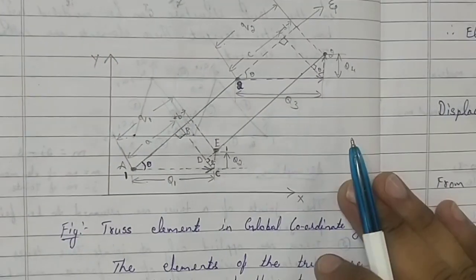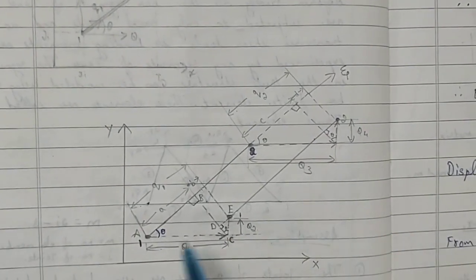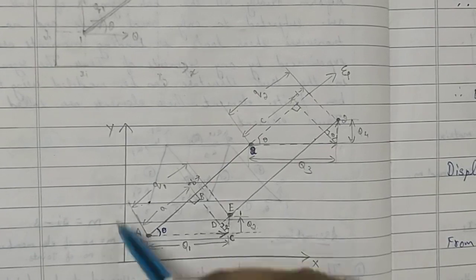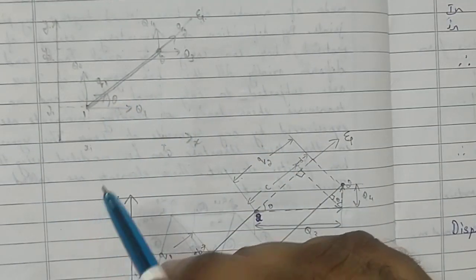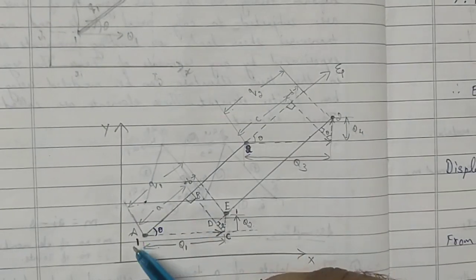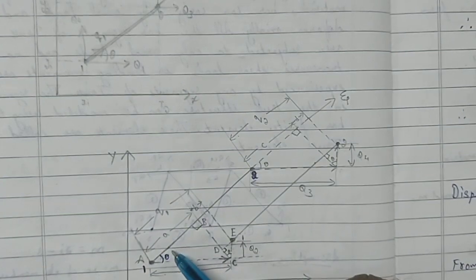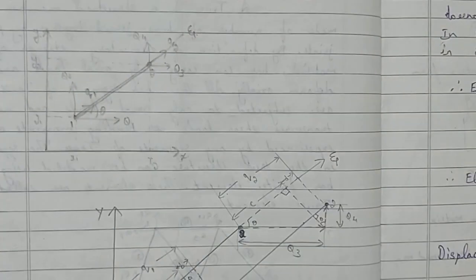Okay, so here we'll move on to the next figure. You can analyze this figure how I have written here. This is in the x and the y. So this is a truss element. You can see the same truss element I have written here, this is 1 and 2. The same thing I have copied from here.